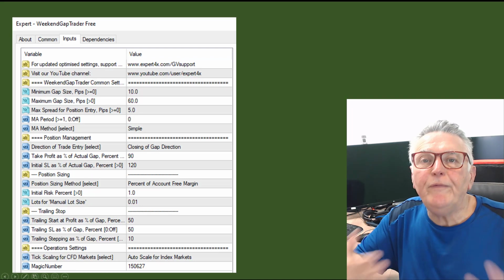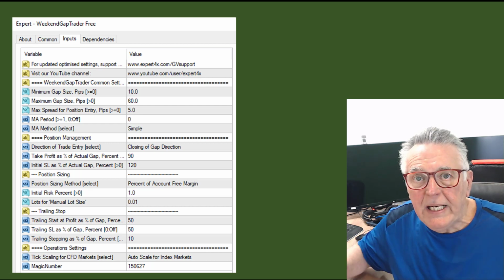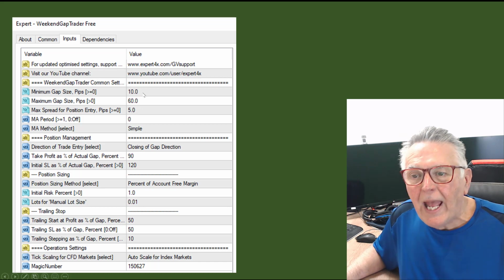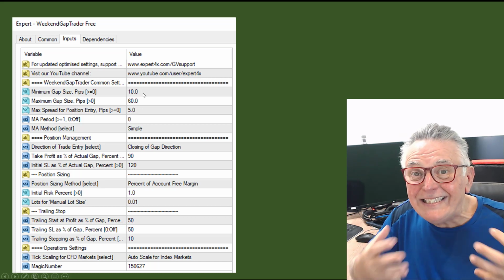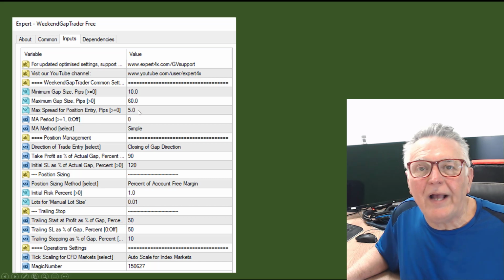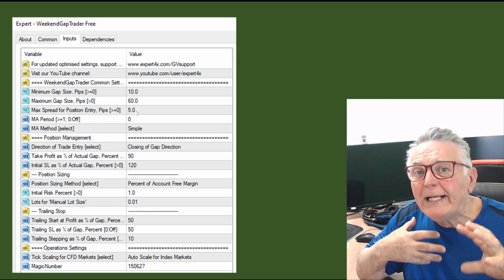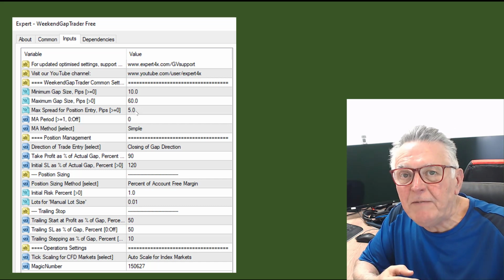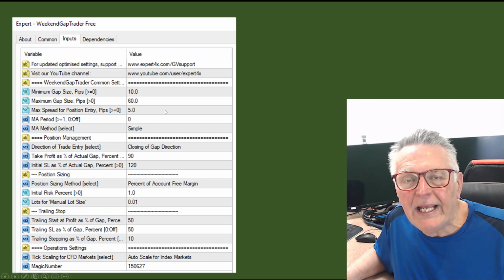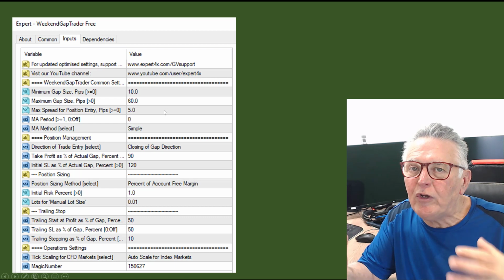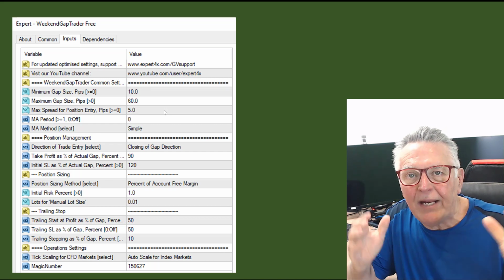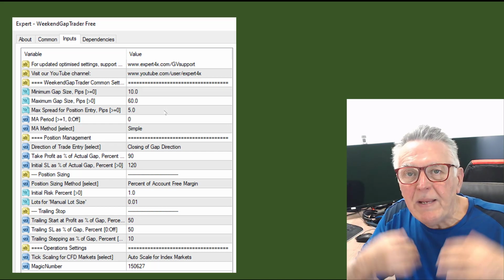minimum stop levels. So if we look at the weekend gap trader that is a free EA, this is very applicable, because if you have a minimum gap size of 10 and your broker's minimum gap size is 10, and your spread, maximum spread is 5, it actually means that you cannot activate your stop unless you are 15 pips away from the existing price, which will let this EA shoot out an error message saying, sorry, your minimum gap level is too small for the settings that you are using and for the broker's limitations of the minimum stop level.